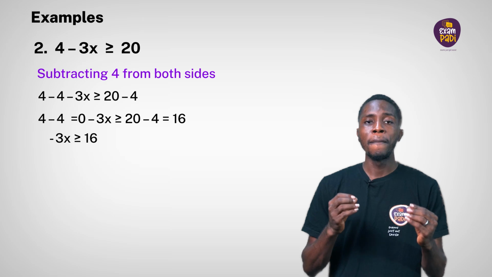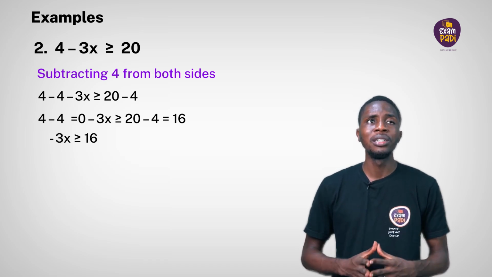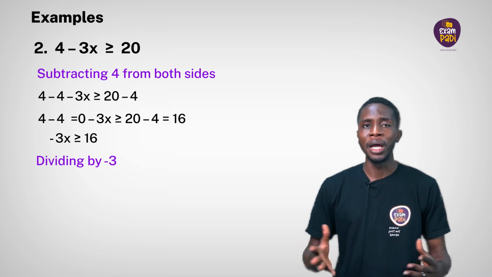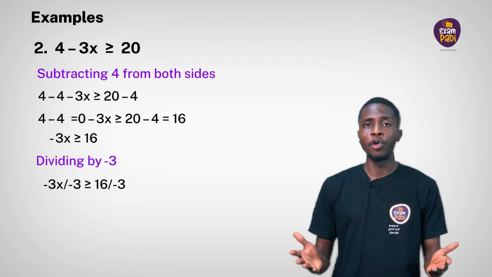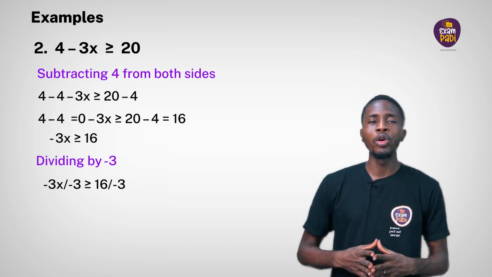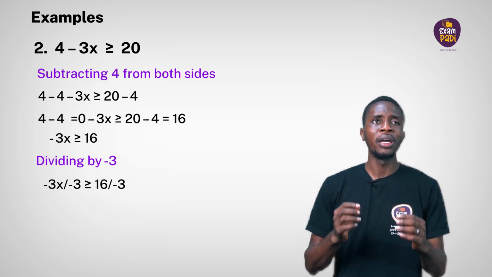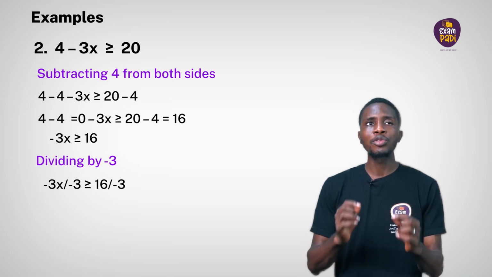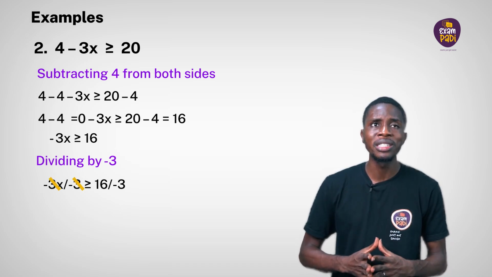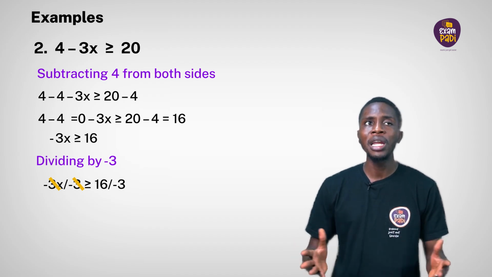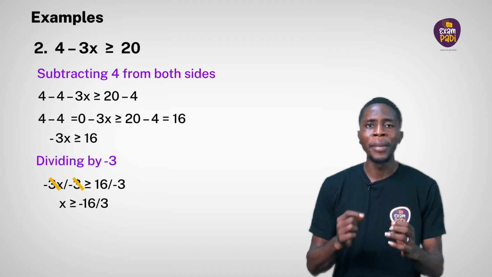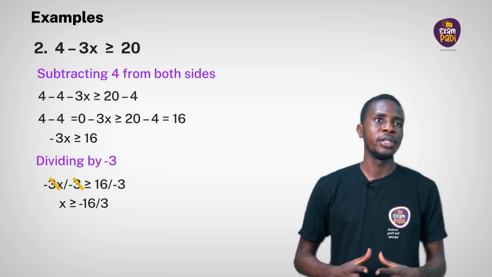Therefore, we are left with minus 3x greater than or equals to 16. Divide both sides by minus 3. Therefore, we have minus 3x divided by minus 3 greater than or equals to 16 divided by minus 3. As soon as you divide by minus 3, you must change the inequality sign. Our final answer will be x less than or equals to minus 16 over 3.